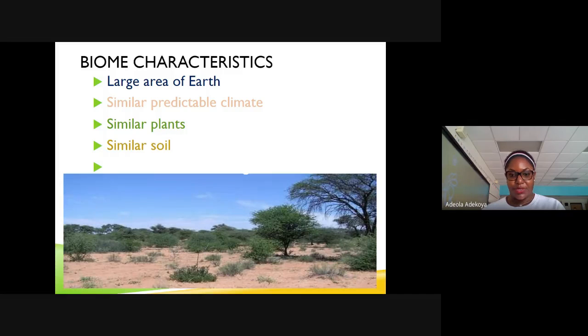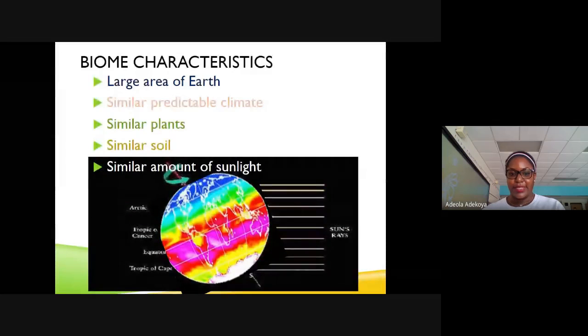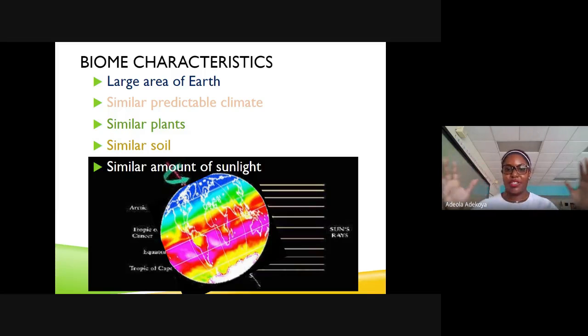It has similar soil. And it also has a similar amount of sunlight. So characteristics of a biome: it's a large area of Earth. It has similar predictable climate, similar plants, similar soil, and similar amount of sunlight.